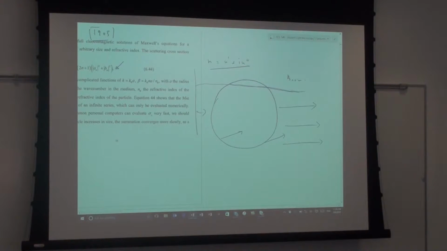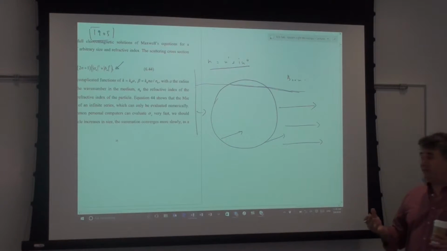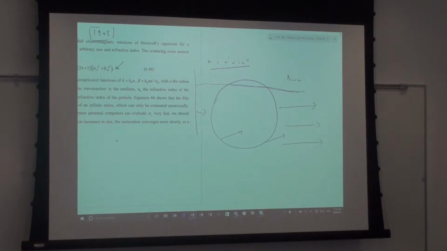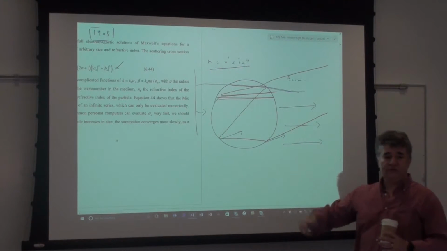In Mie, when the particle is big and can have a high refractive index, there is a lot of scattering at these edges. So in that case you are allowed to have this kind of situation, and many others. So multiple bounces inside the sphere.